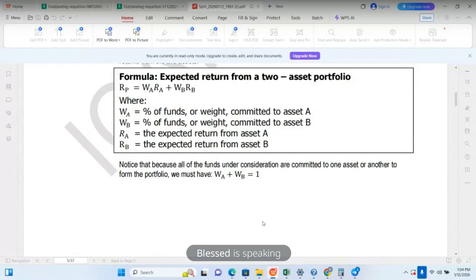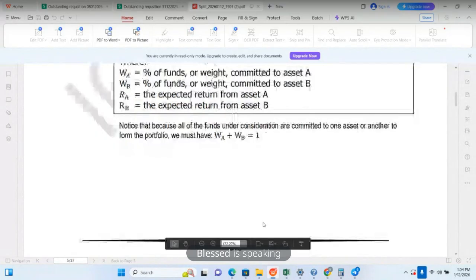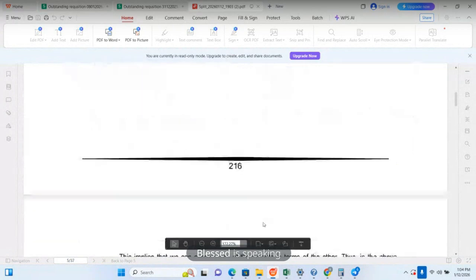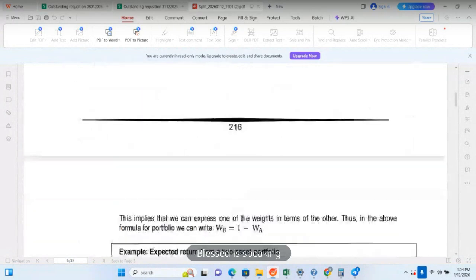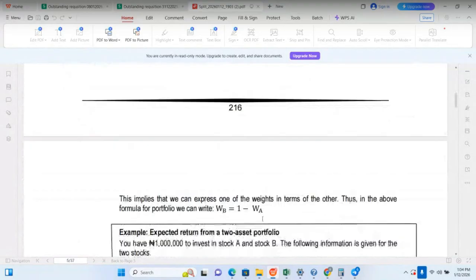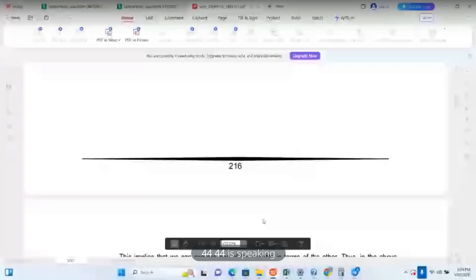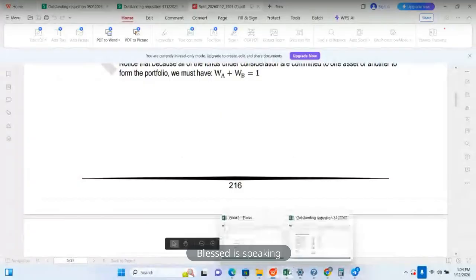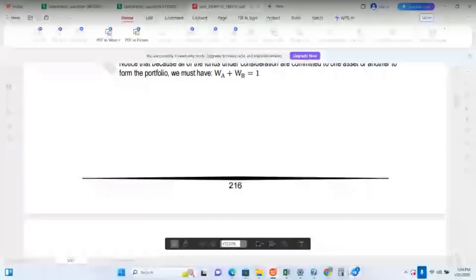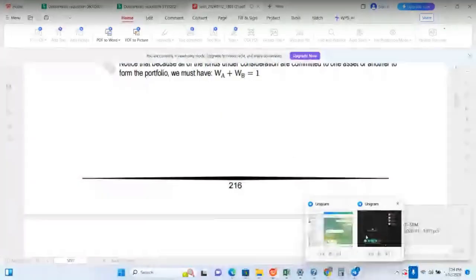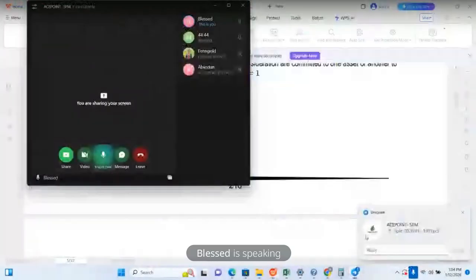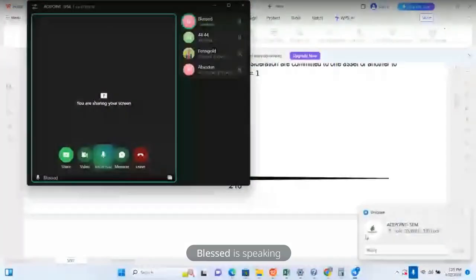I've sent it like that, so just download it, since you can't see my screen. It's still the same thing that was showing. What's happening? Have you received the document?